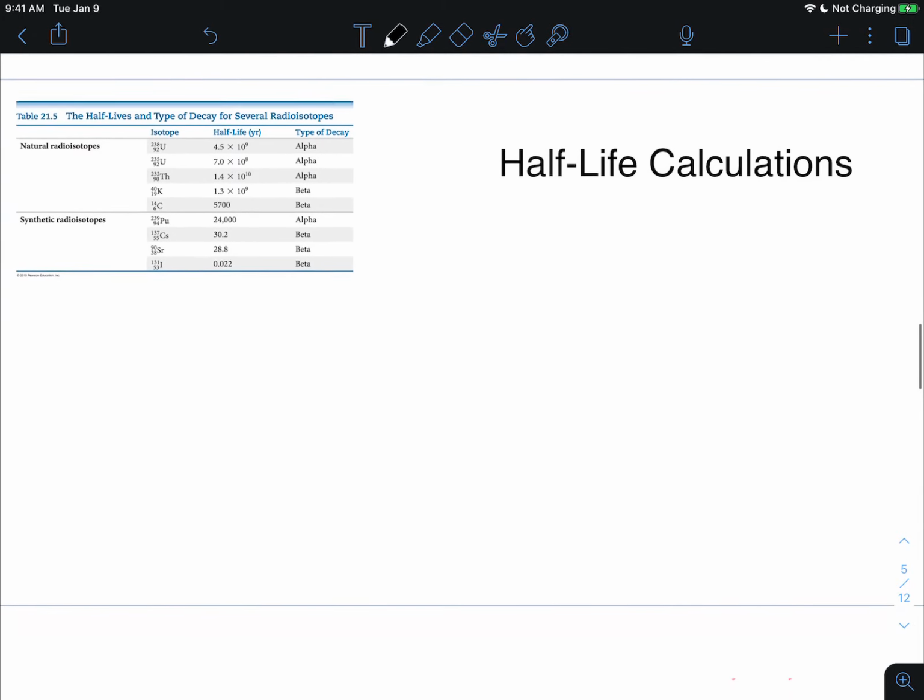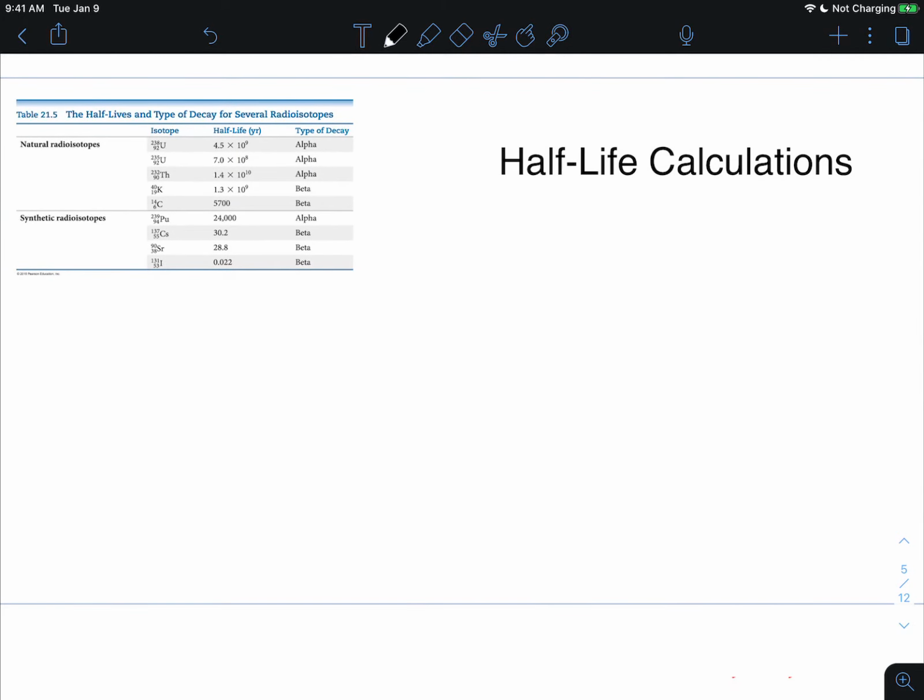Okay, let's move on to half-life calculations. So determining the half-life of something. So a half-life, which we always write as T1/2, describes the amount of time it takes for half of the sample of a radioactive species to decay.